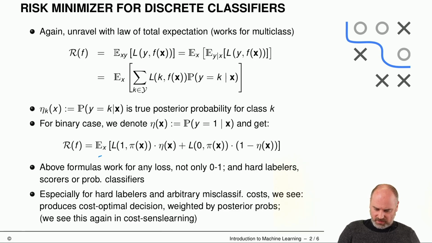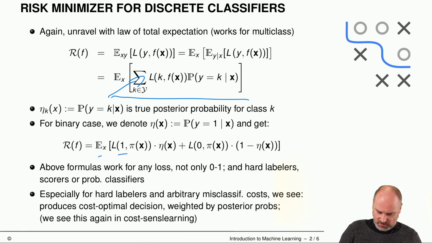I can now take this formula here and look at the sum. It's just going to take two cases, y equals 1 and y equals 0. So I write down these two components separately, and I multiply with the probability, here the one for y equals 1, and here the one for y equals 0, given x.